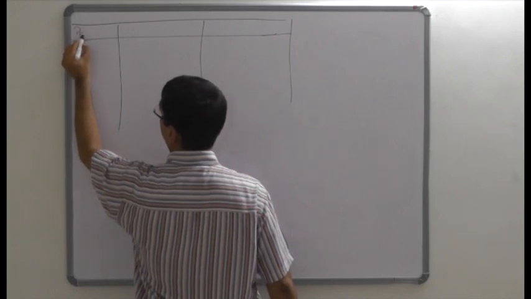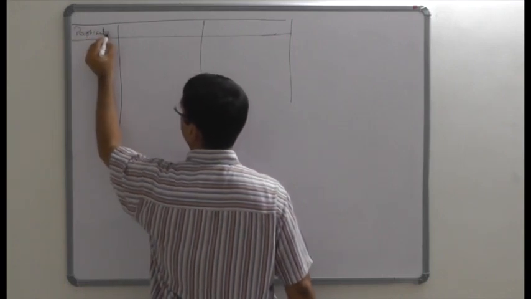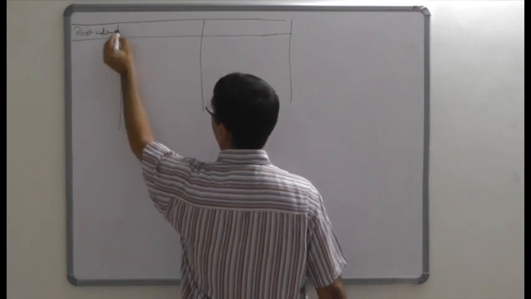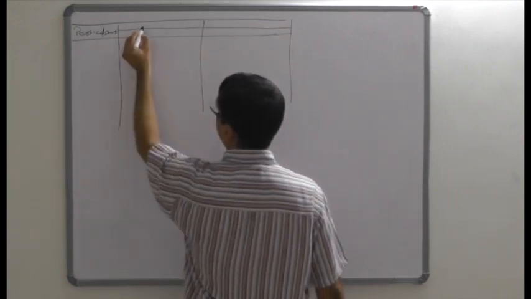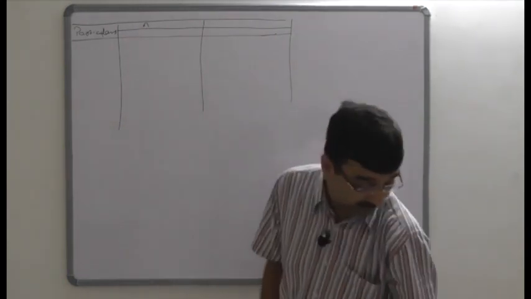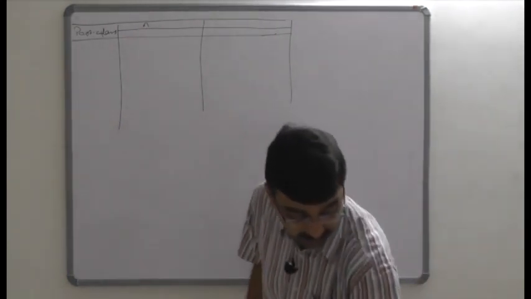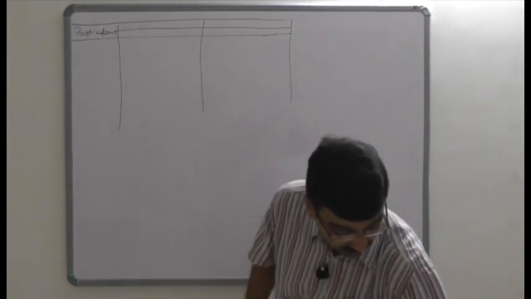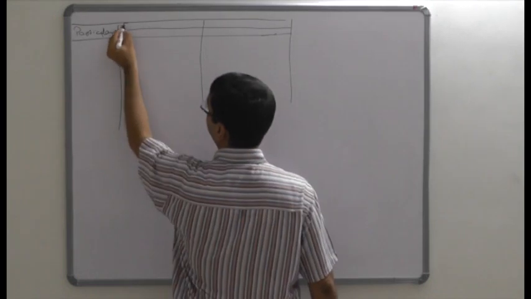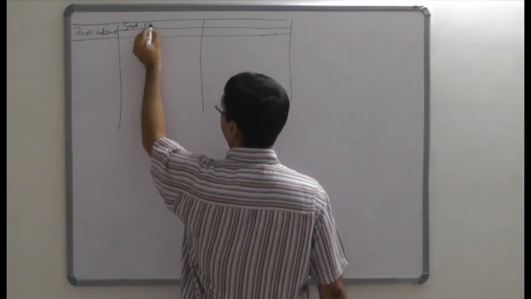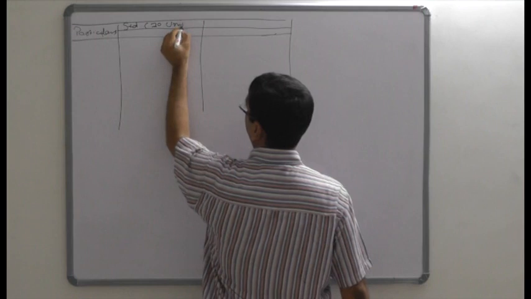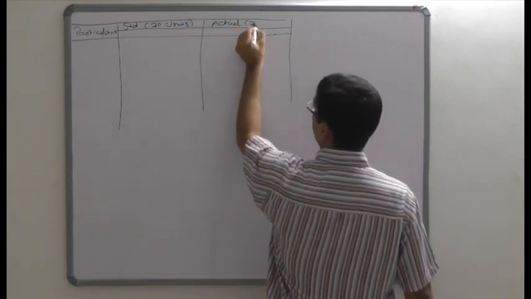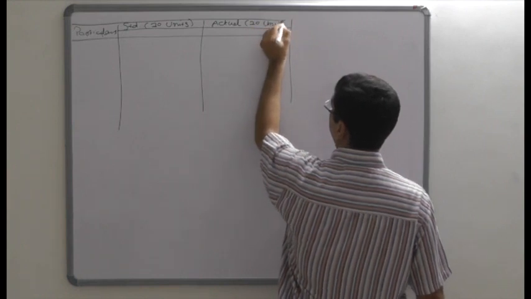This is your particular, or you can say the materials. Then the two other things: one is standard information for 10 units, and this is actual information also for 10 units.